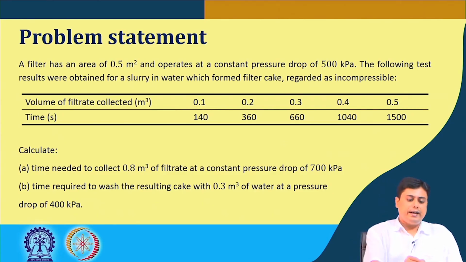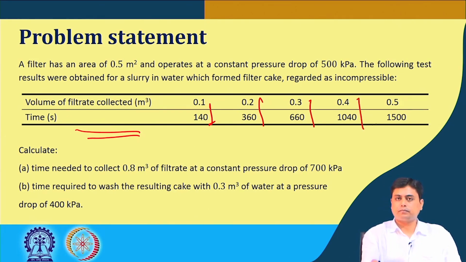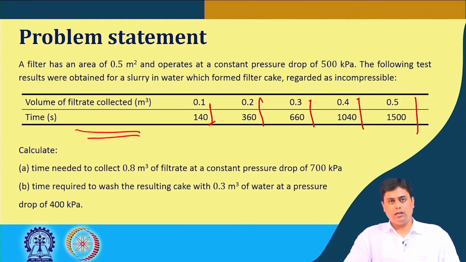This is the data set that has been gathered: the volume of filtrate collected and the respective time. The question is, what is the time required to collect 0.8 cubic meters of filtrate at a constant pressure drop of 700 kilopascal? This is the first part.